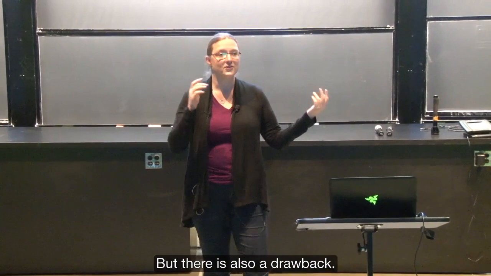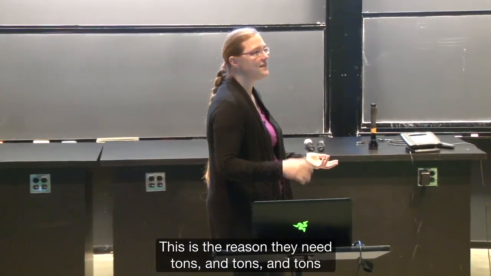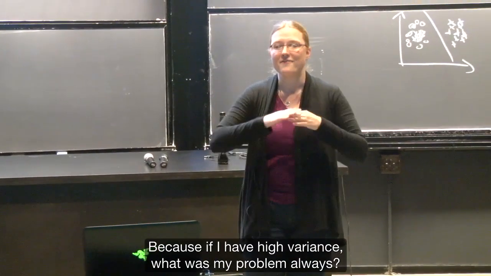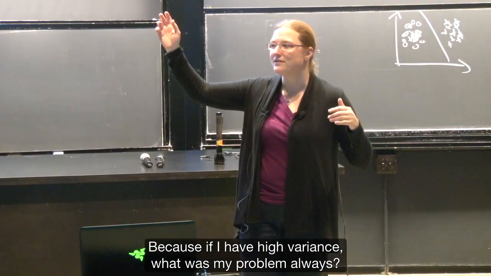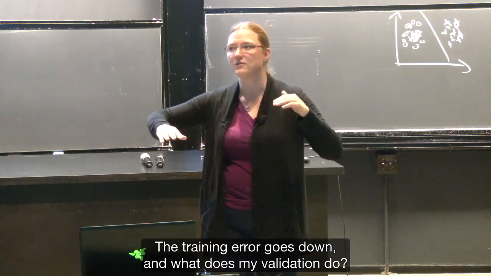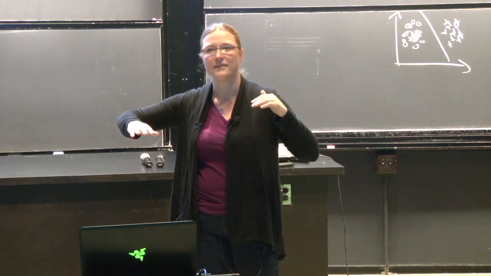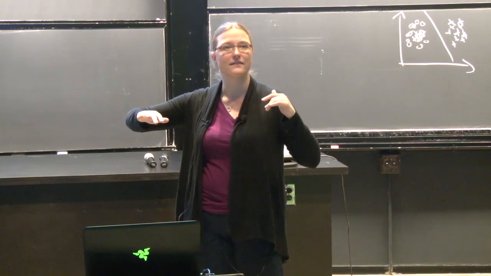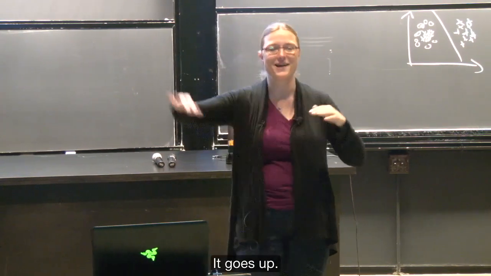But there's also the drawback. This is the reason they need tons and tons of training data. Because if I have high variance, what was my problem always? The training error goes down, and what does my validation error do? It goes up.